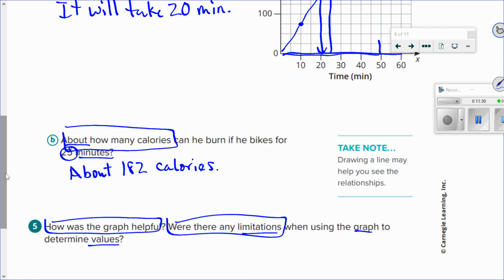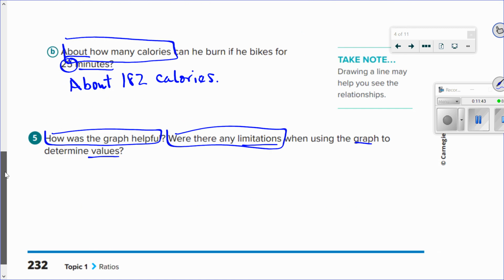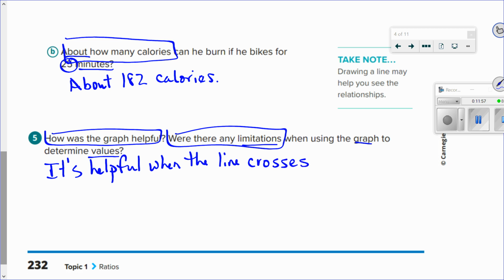But I'm glad they did that interval, because it points out one of the limitations. So how is the graph helpful? When it's directly at an intersection point, right? That made that first point really easy to see, didn't it? So it's helpful when the line crosses directly at both axes. In other words, the X and Y are very clearly lined up.